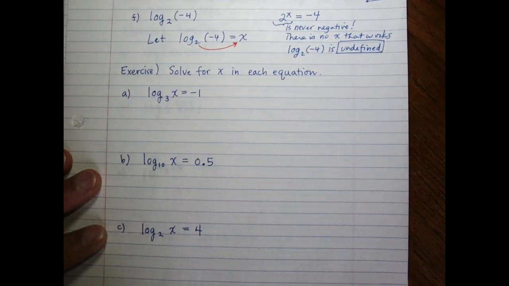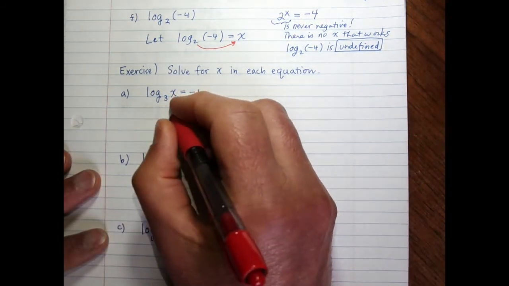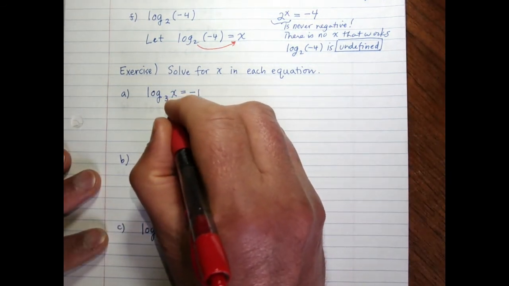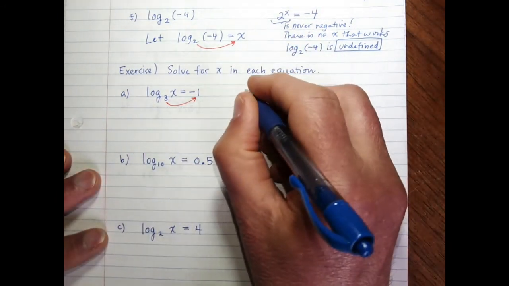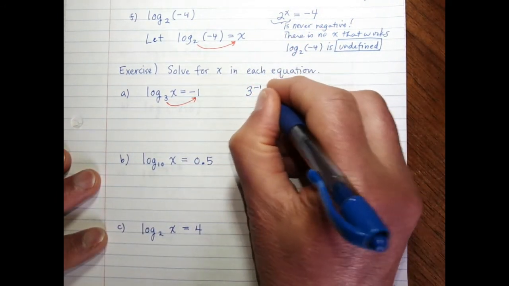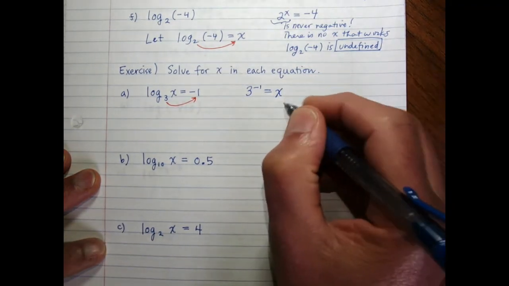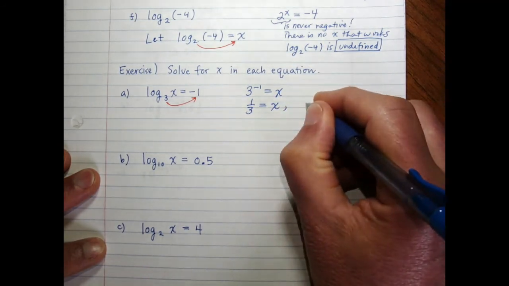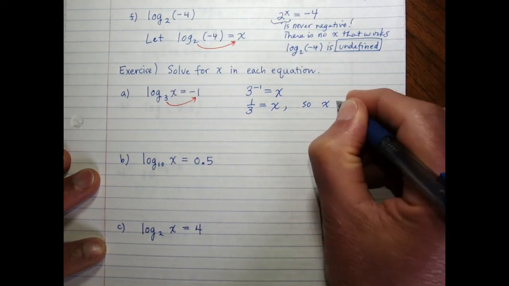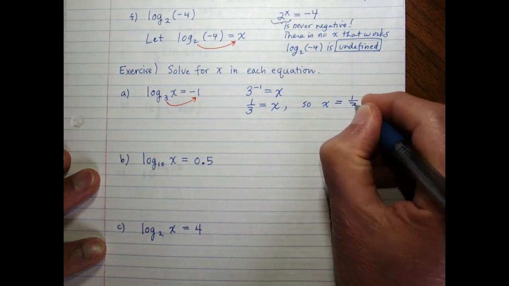I can go right to rewriting these in exponential form. The base to that power, 3 to the negative 1, is x. 3 to the negative 1 is a third. Oh, so that's it. What is x? x is equal to 1/3.